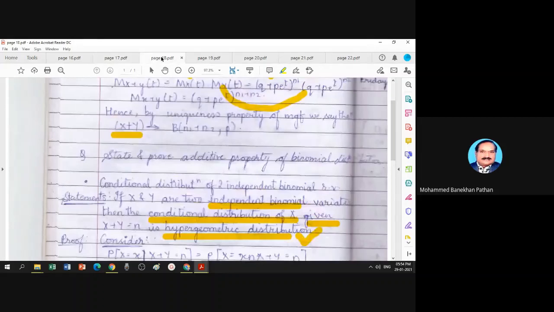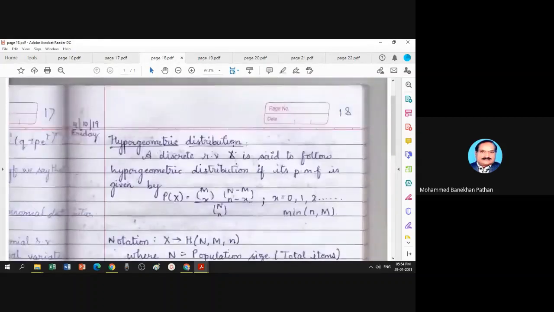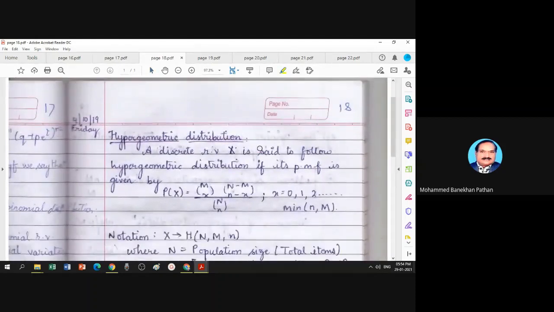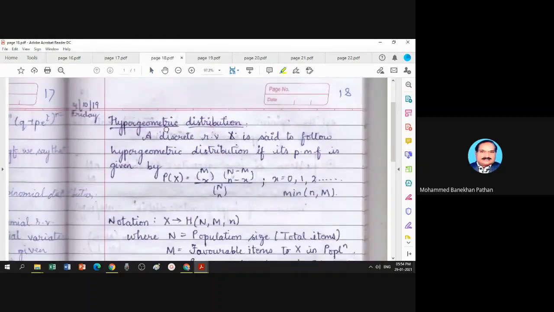We'll see the next, the last distribution, the last topic of your theory, the hypergeometric distribution. What we derived from binomial, here we get a similar formula. Let us see the definition of hypergeometric distribution.